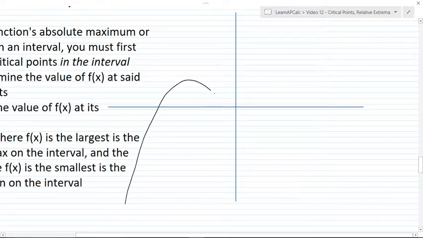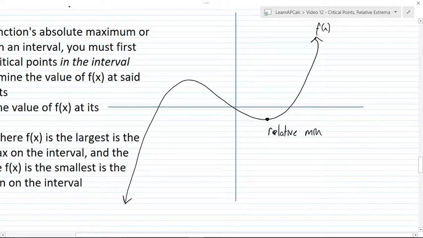Alright, so let's say we have a function like this, f of x. This right here is a relative min, or somewhere around there. Here we have a relative max, and that word relative is important.